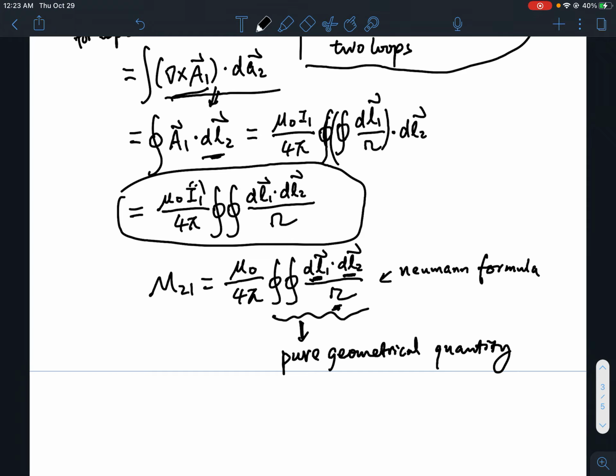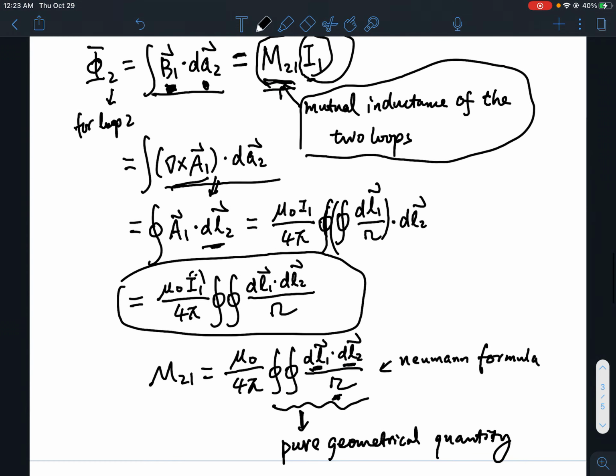And so here is how we calculate phi 2, due to the current on loop 1. You can imagine the same thing: we can run some current on loop 2, and calculate the magnetic flux on loop 1.